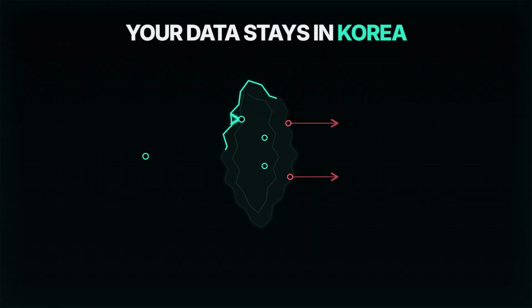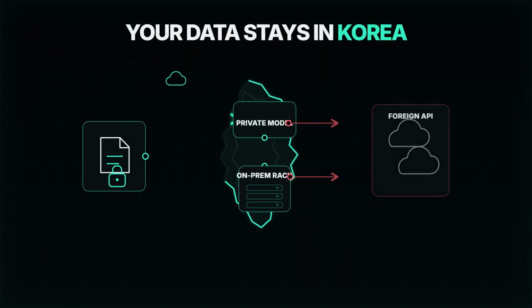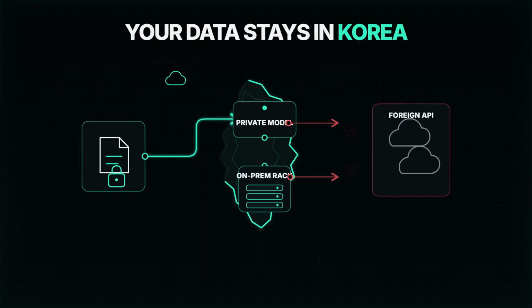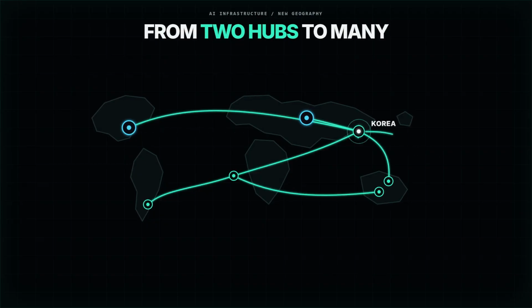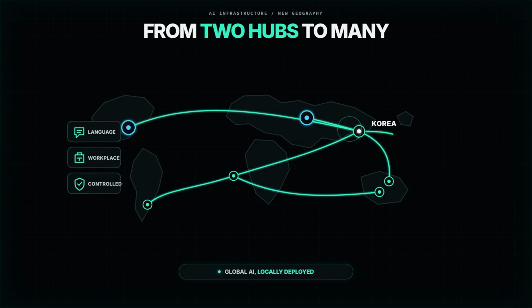Upstage frames this as Korea's sovereign foundation model, infrastructure that organizations can deploy, inspect, and adapt without routing sensitive data through a foreign-hosted API. That framing is strategically significant. The release also broadens the model landscape beyond the familiar American and Chinese axis. Regional language efficiency, workplace conventions, and deployment control can be product advantages, not side features.